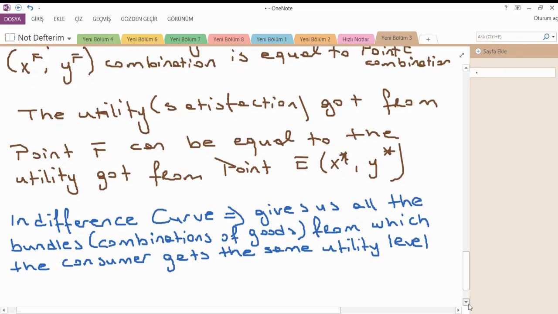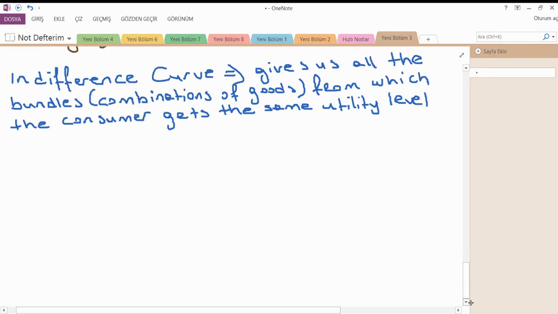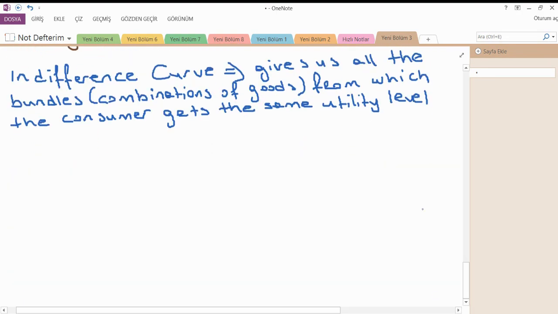And we can say that the same utility level, so all the points on the same indifference curve.